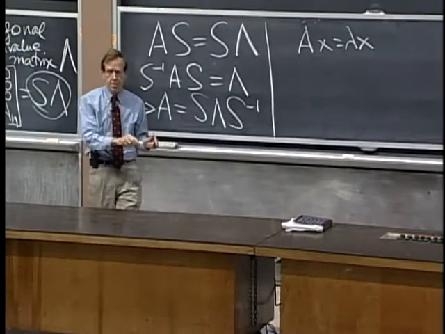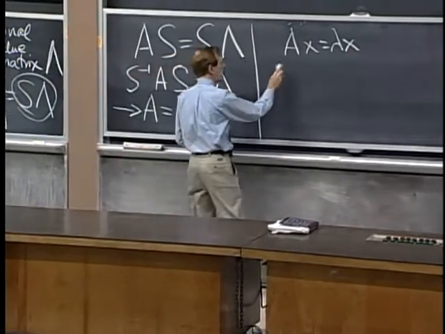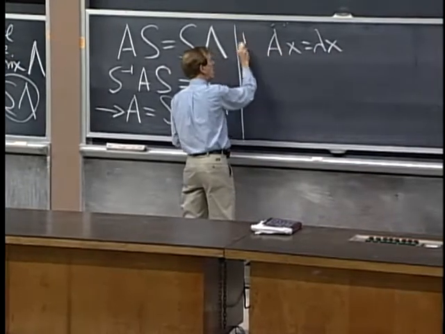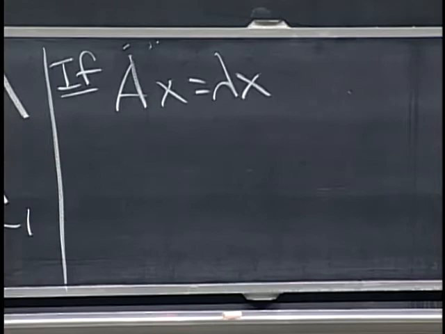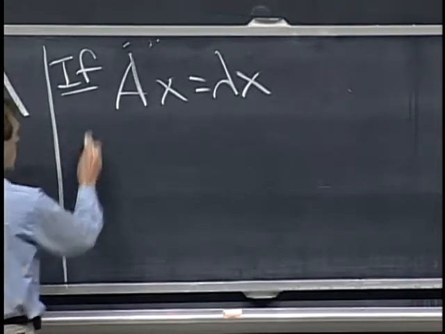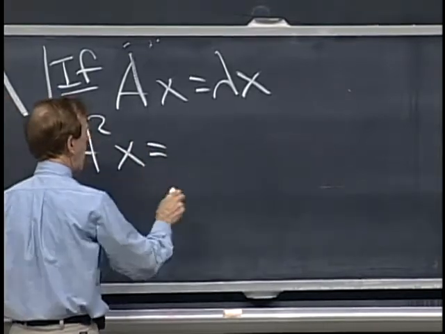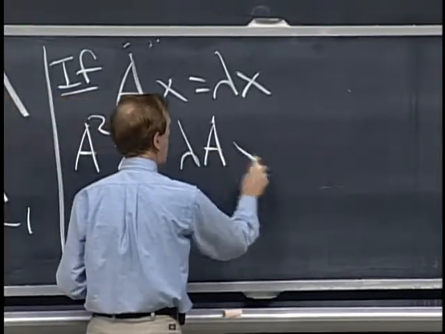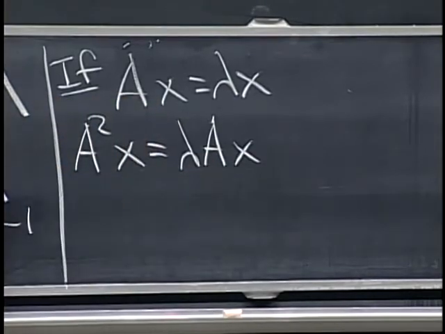So let me multiply both sides by A. That's one way to get A squared on the left. If Ax equals lambda x, then I multiply by A, so I get A squared x equals lambda Ax. That lambda was a number, so I just put it on the left.